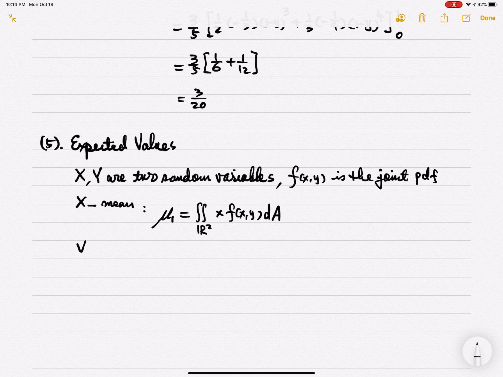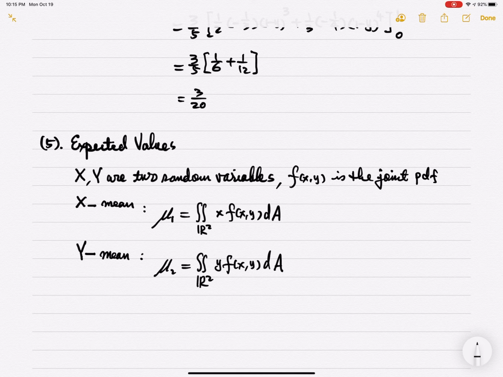And then we say y mean, or mean of y, that's another term for expected value, is defined to be mu2. Is defined to be this double integral of y f(x,y) dA.